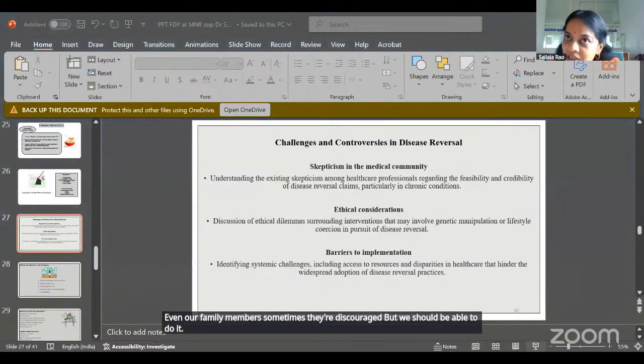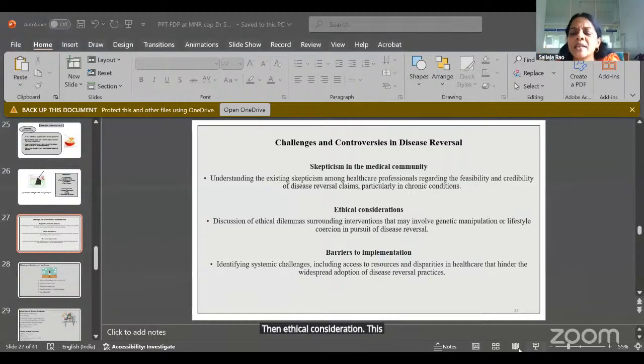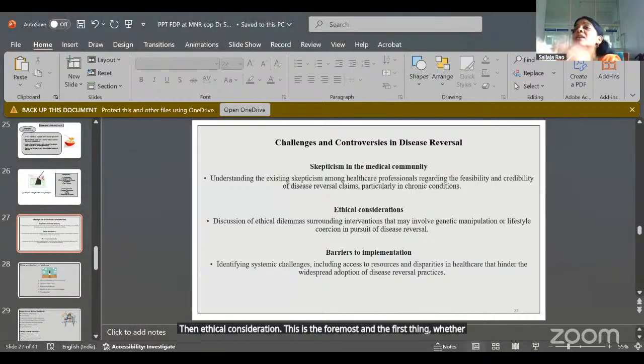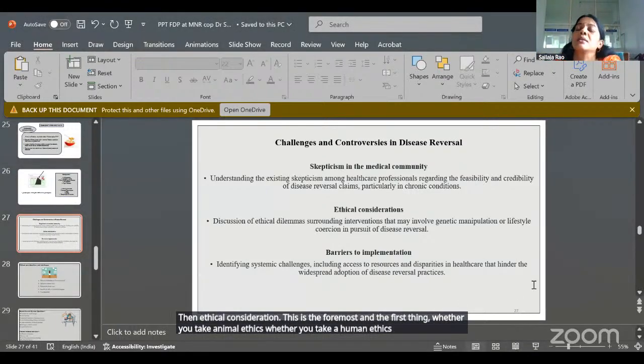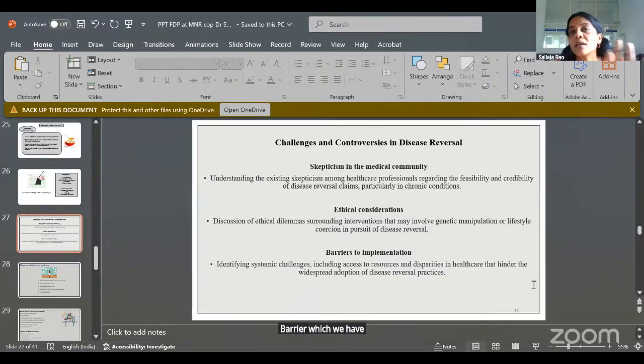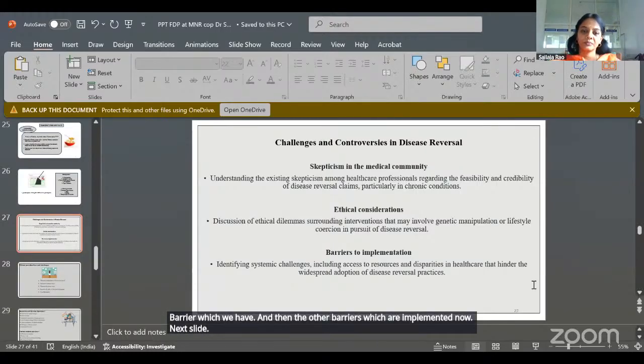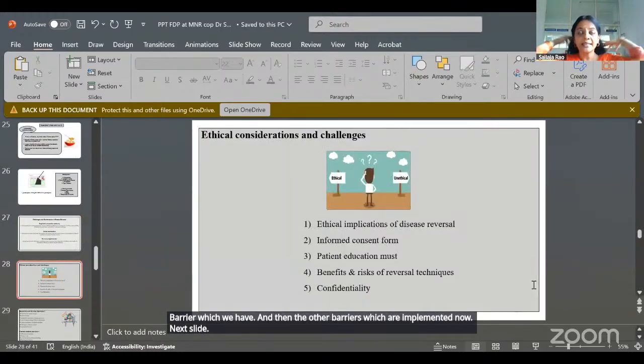Then ethical consideration. This is the foremost and the first thing. Whether you take animal ethics, human ethics, or the reversal of a disease, this is the first and foremost barrier which we have, and then the other barriers which are implemented now. Next slide. Yes, ethical consideration.